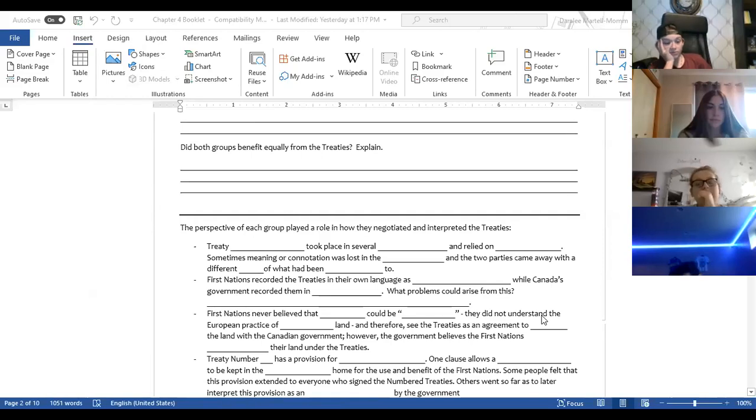I will create a Dropbox that you can put this in. You can either download the document, answer the questions in the document, and then put it back into the Dropbox. Or you can print it off at home if you have a printer, answer the questions by hand, take pictures of all the pages, and send me the pages. It's totally up to you, whatever you decide. All right, you with me, Jackson?